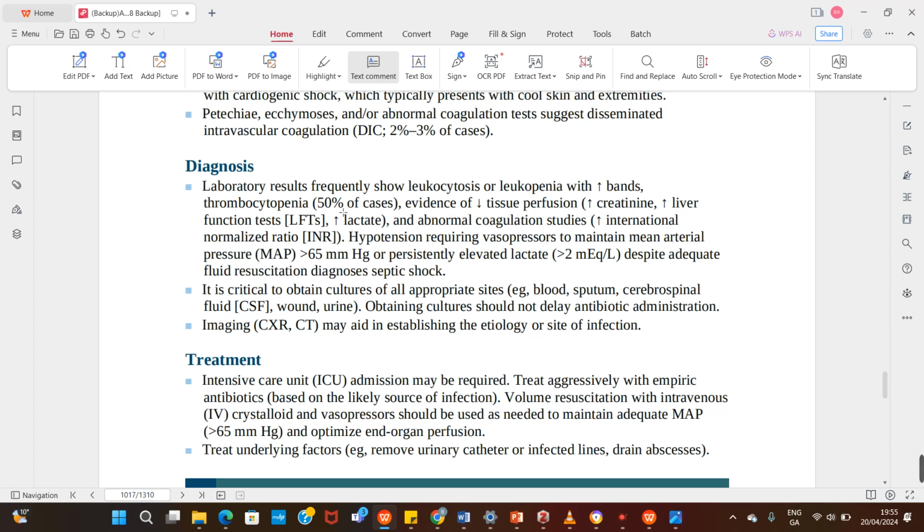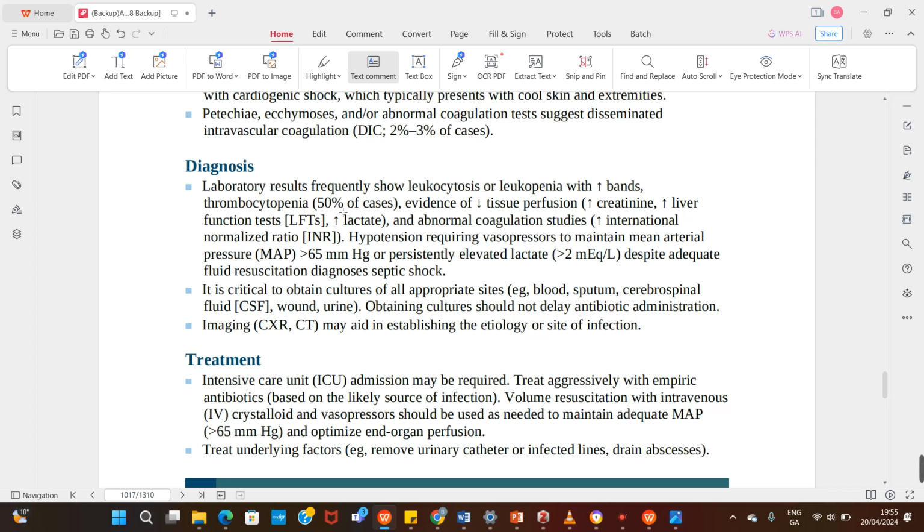You can have sepsis that goes to severe sepsis when there's end organ damage, and moves to septic shock when you now need to give vasopressor to raise the blood pressure above 65, or there is a persistently elevated lactate of more than 2 milliequivalent per liter despite adequate fluid resuscitation. That is septic shock. Very easy. So once you see this in your exam question, that the mean pressure still stays lower than 65 until they give a pressor, or there's persistent elevation of lactate, you know you are dealing with septic shock.